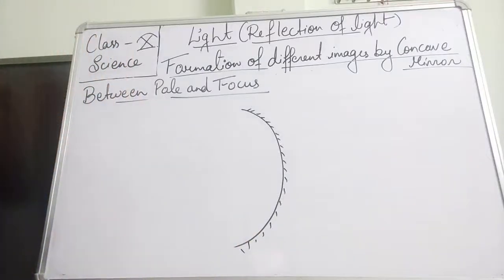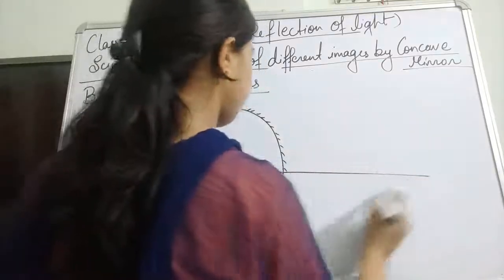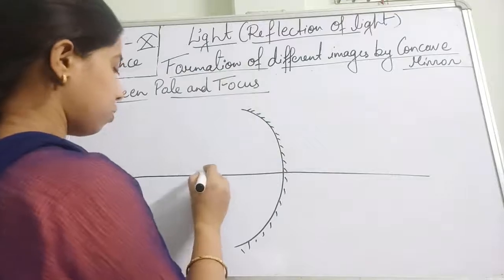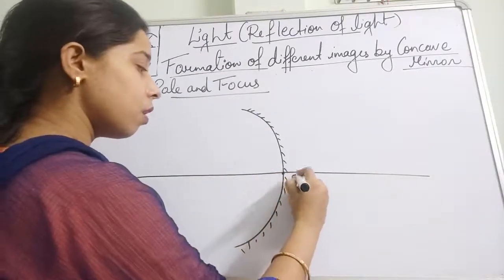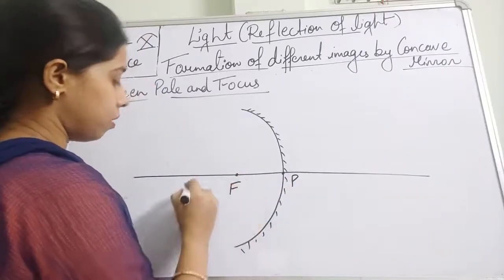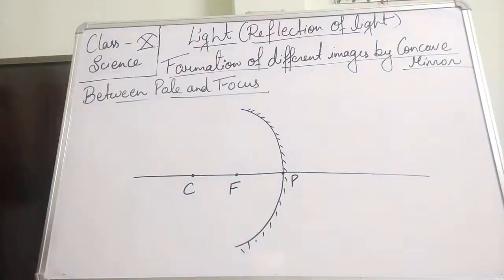Okay, and this is the principal axis. This is the pole. This is the focus. This is the center of curvature.